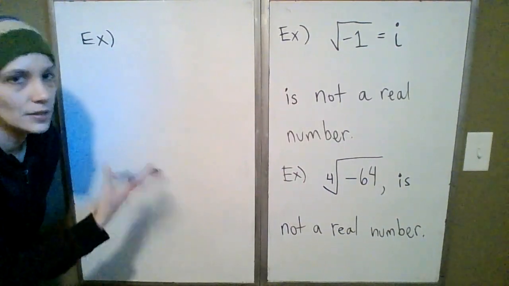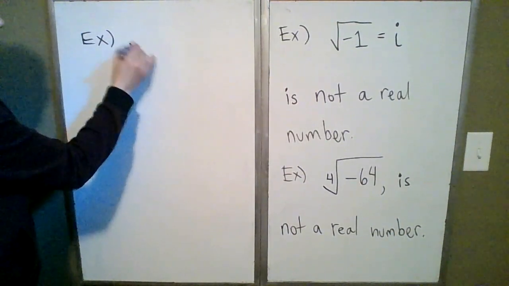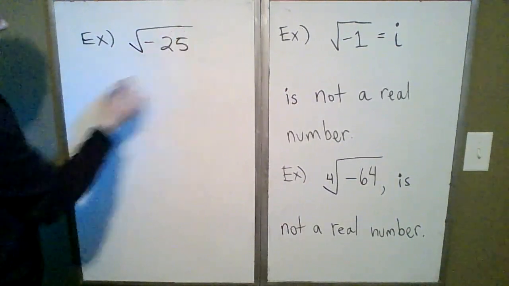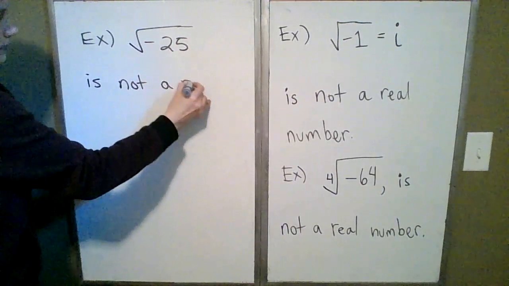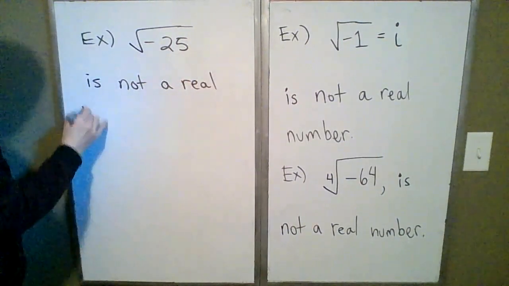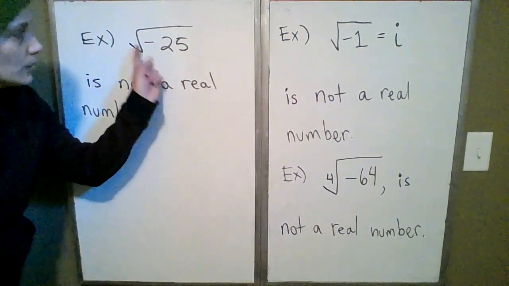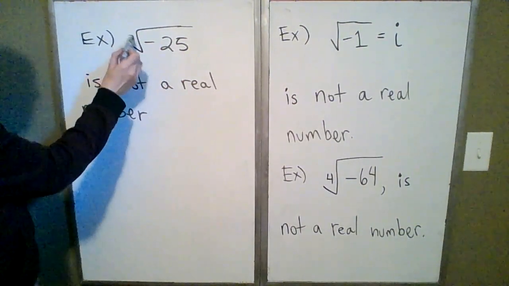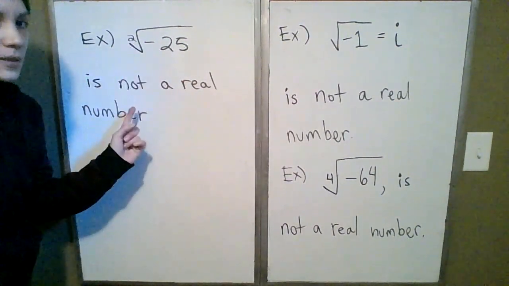One more of these. Let's just do a square root of negative 25. Because the root is even, it's a root 2, and the number underneath is negative. So it's not real.